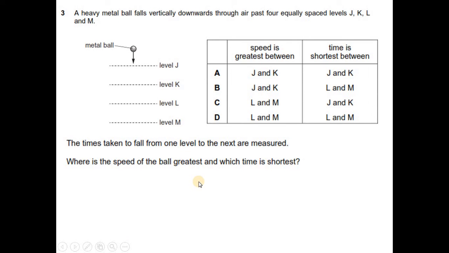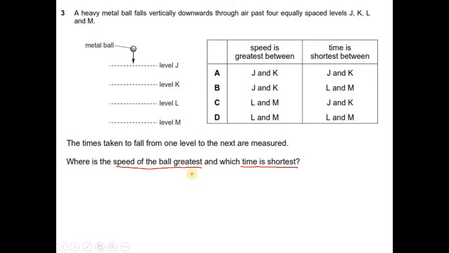Question number 3. A heavy metal ball falls vertically downward through air, past four equally spaced levels J, K, L, and M. The time taken to fall from one level to the next level is measured. Where is the speed of the ball greatest and which time is shortest?